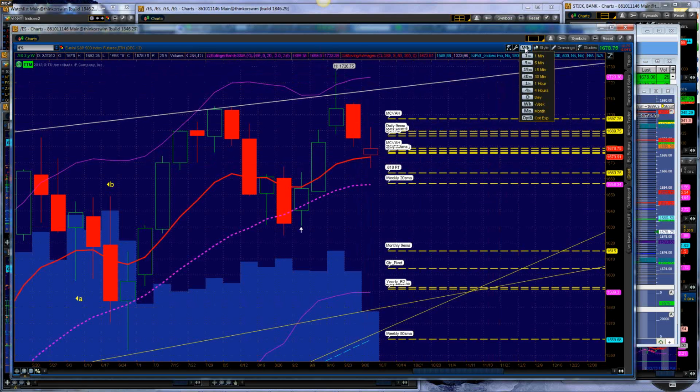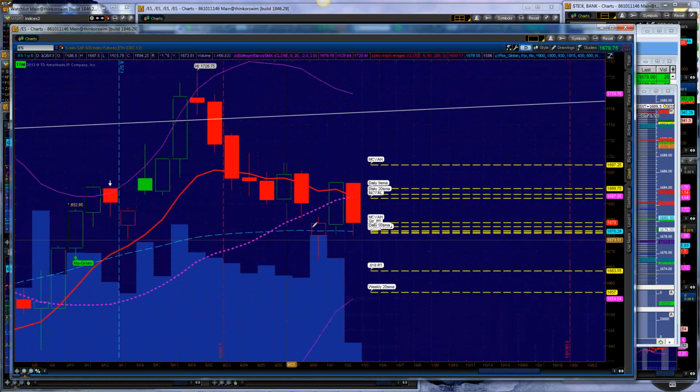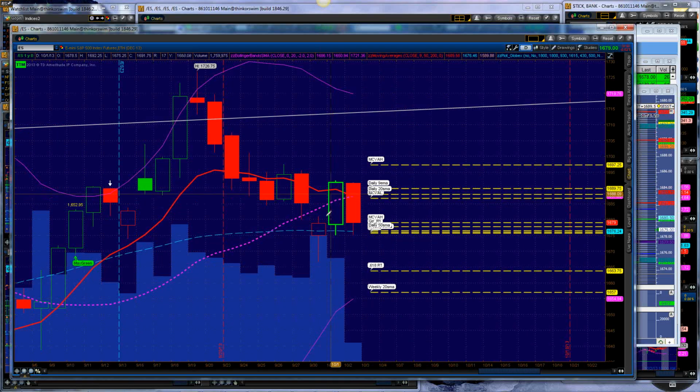Going to the daily. Yesterday's rally took us to close above both the 9 and 20 SMAs, or 9 and 20 moving averages. Over the Globex period, we've pretty much created an equal and opposite candle thus far.